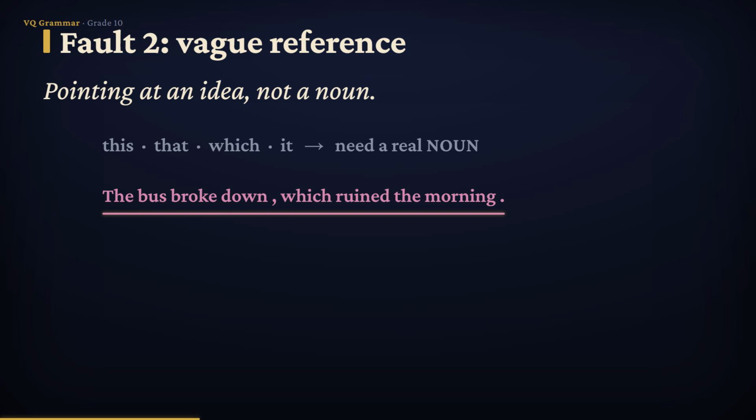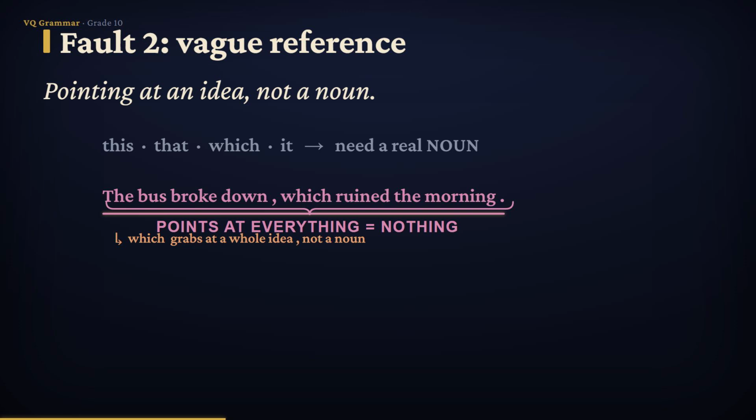Ask the hard question. What exactly did the ruining? Not the bus. The bus is still sitting there at the curb. What ruined the morning was the fact that the bus broke down, and that fact is nowhere on the page as a noun. The word which is grabbing at a whole idea, and an idea is not an antecedent.